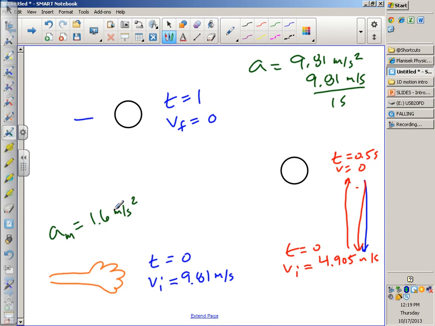So, in the time it takes Earth's gravity to slow this ball down from 9.81 to 0, 1 second, after 1 second on the moon, the velocity of this object would still be about 8.2 meters per second. Still. Does that make sense?